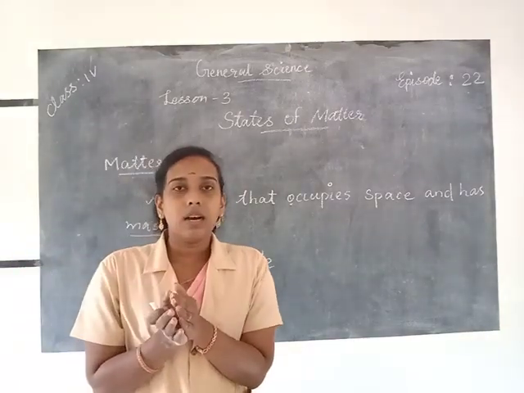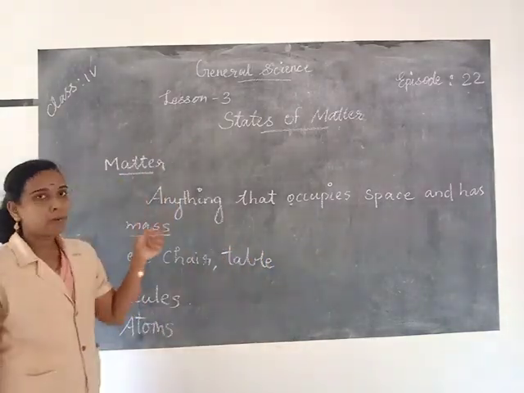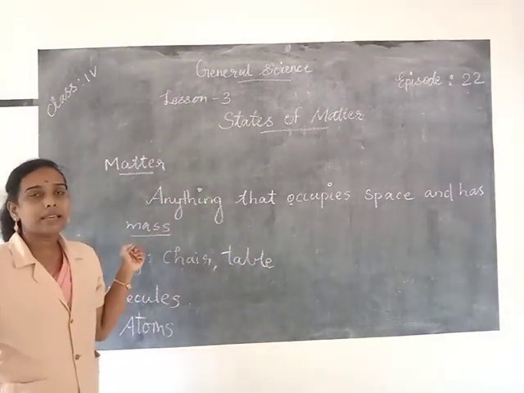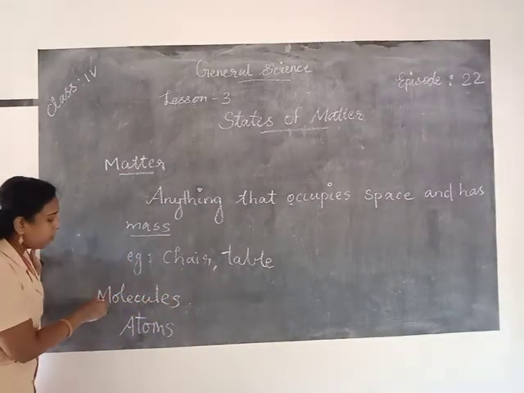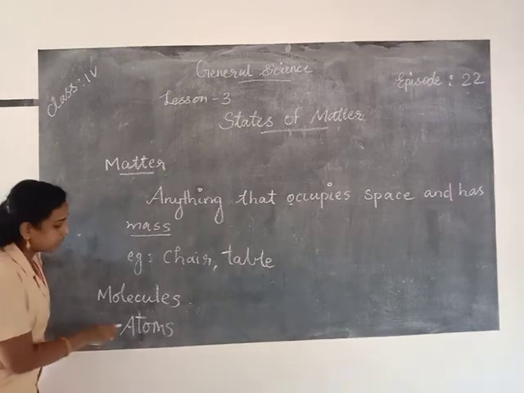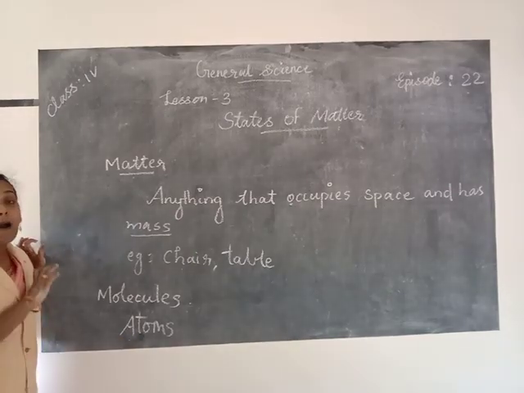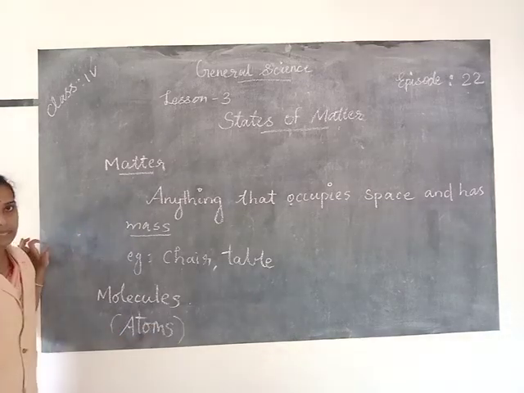Matter is made up of very small invisible particles called molecules, and molecules are again made up of very small particles called atoms. So all matter is made up of very tiny particles called atoms.